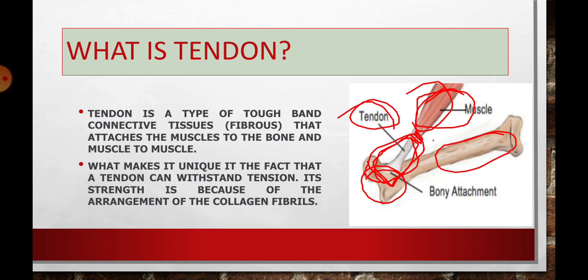So what is tension? Tension is one kind of force. When we move our body parts, there is a force that is applied to our body, and tendon can take the force. It can take force 5 times higher than our body weight.